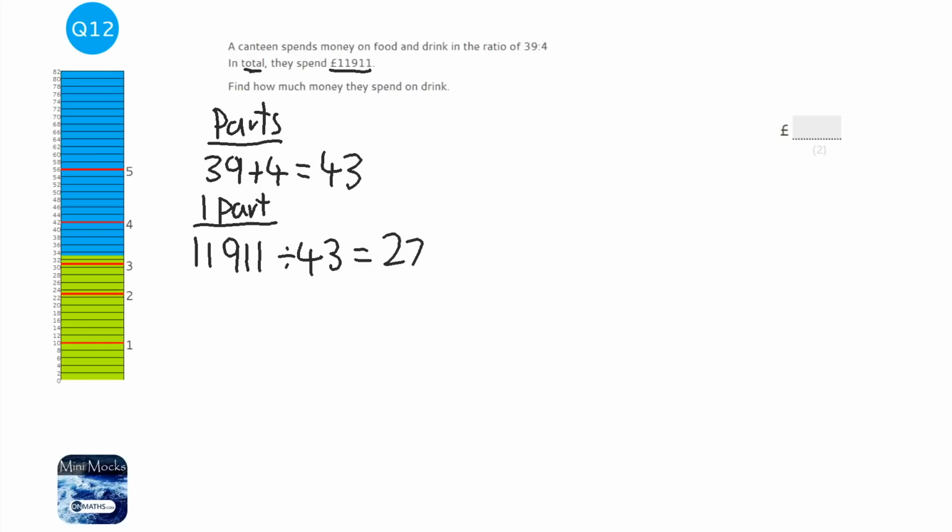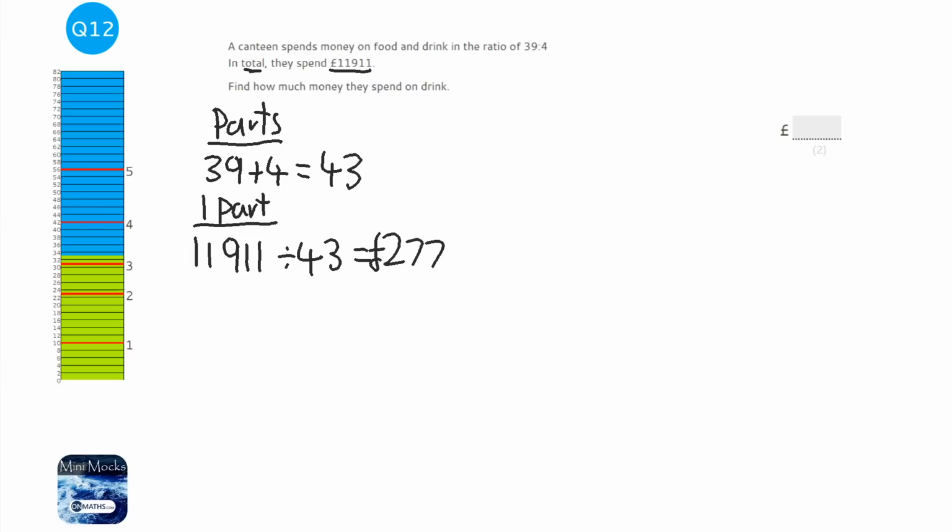You get the amount and divide it by the number of parts. You're splitting the amount of money between 43 parts. So 11911 divided by 43, and I get £277. So each one part is worth £277.